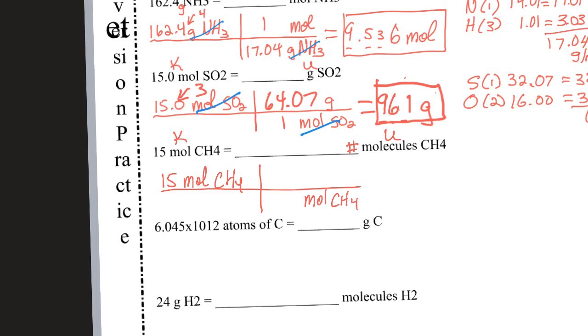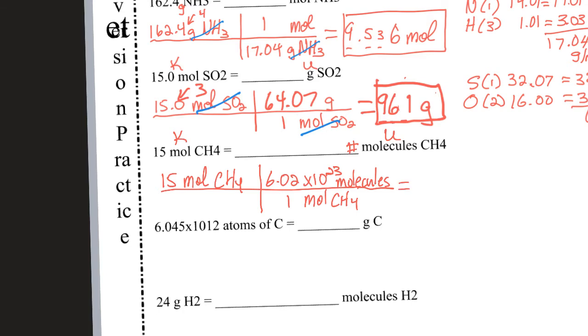I know that part. Now the question is, how many molecules are in 1 mole? Well, if you have 1 mole of things, that's going to be 6.02 times 10 to the 23rd things. In this case, the things we're counting are molecules. We're counting the number of molecules, so it's going to be 6.02 times 10 to the 23rd molecules in 1 mole of CH4.